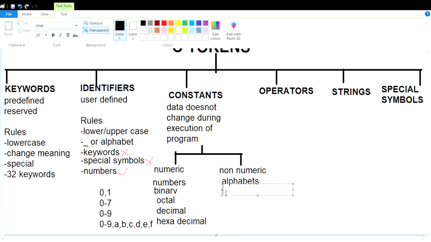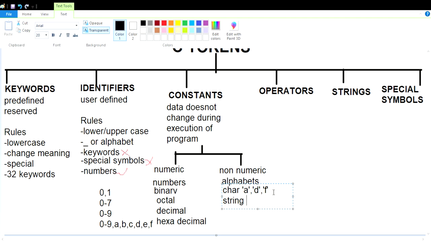But when coming to non-numeric, we have only two: char and string. What is meant by char? If you are writing a single alphabet like A, D, F, that is called a char.